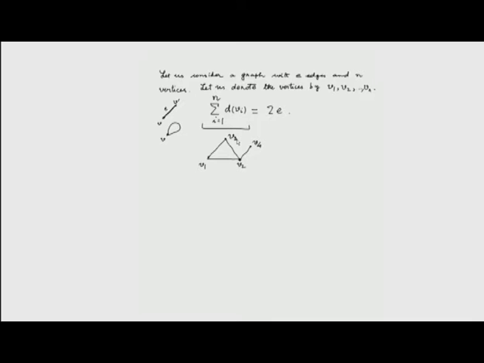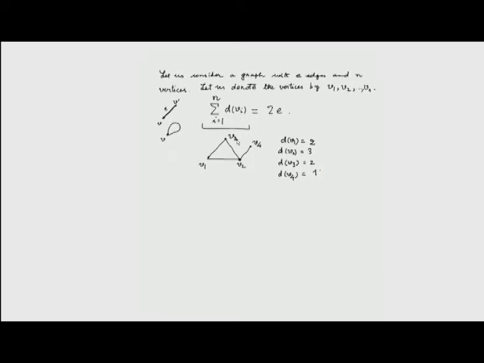Now, degree of V1 is equal to 2, degree of V2 is equal to 3, degree of V3 is equal to 2, and degree of V4 is equal to 1.